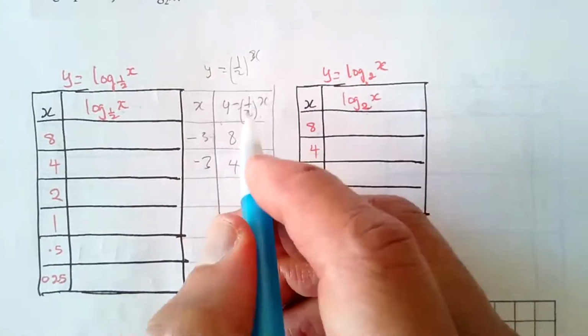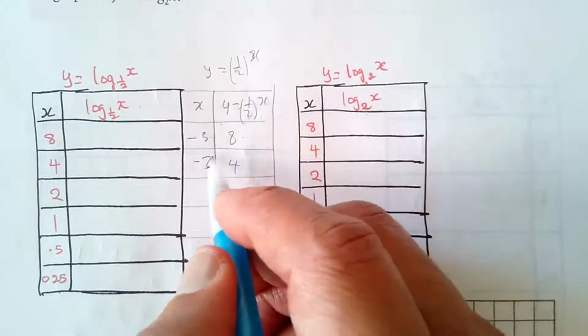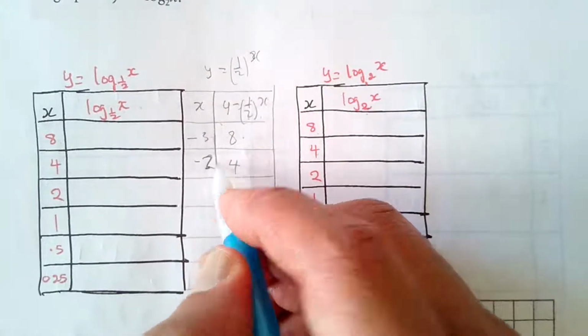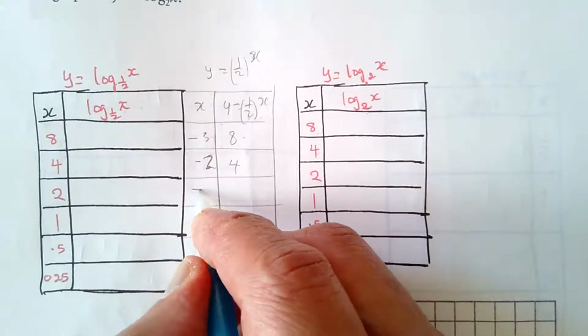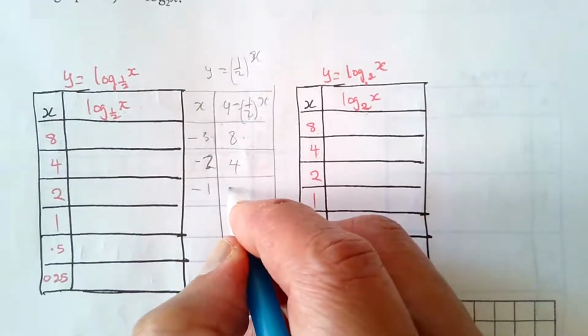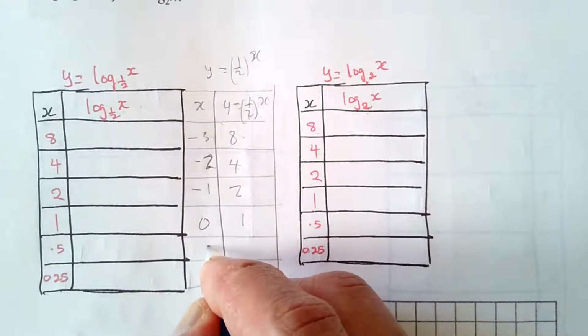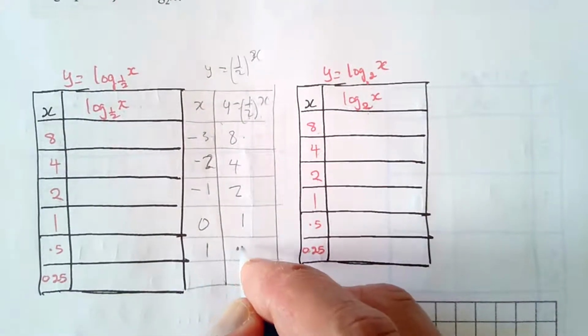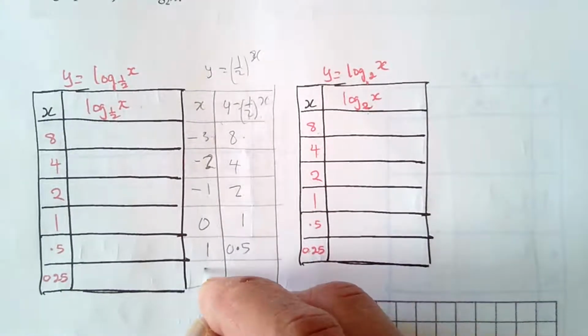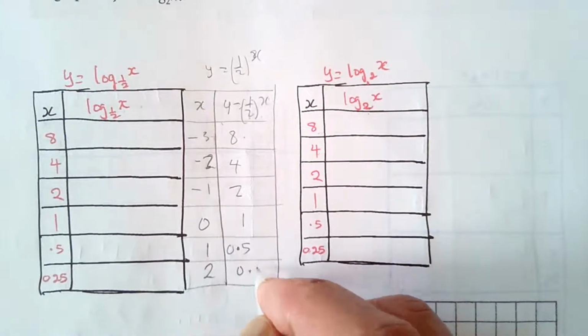Yes. Because half to the -2 will give me 4. And I try -1, so it'll give me 2. 0 gives me 1, 1 can give me 0.5, and 2 will be 0.25.